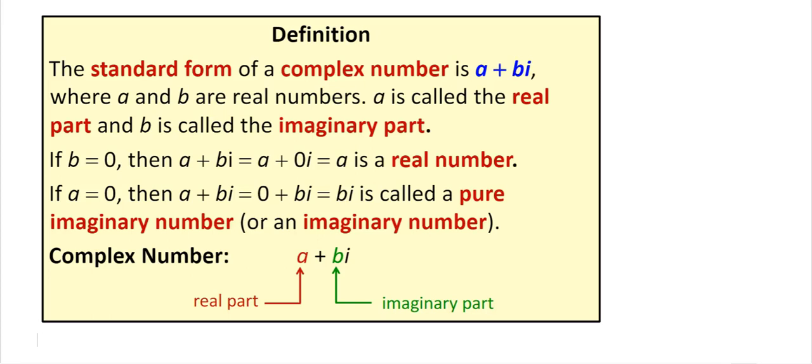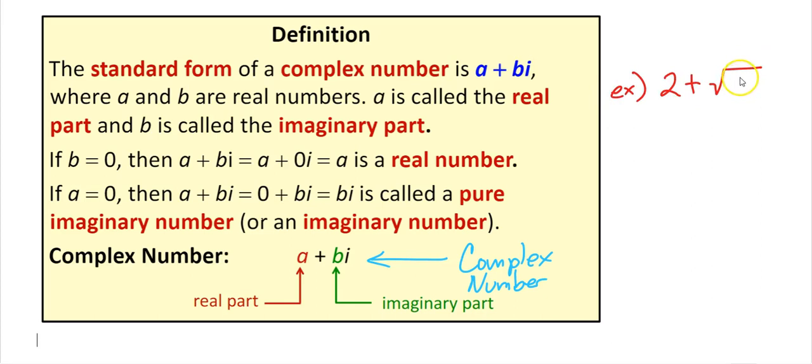A lot of your homework is going to deal with this right here. This right here, that is a complex number. You'll see it look like this. Let's just do an example here. You may have a regular normal 2 plus the square root of 4 times i.